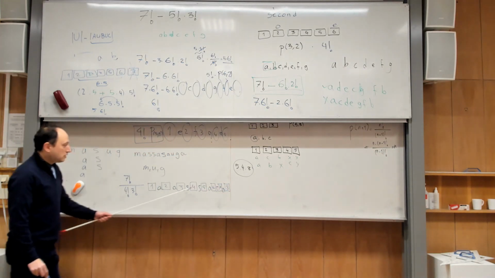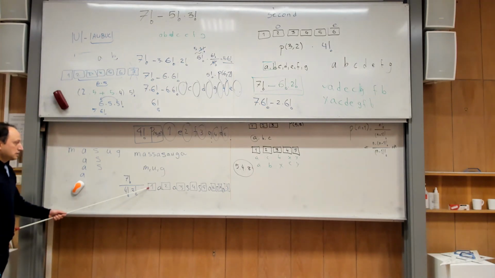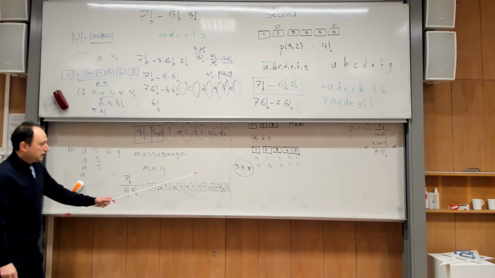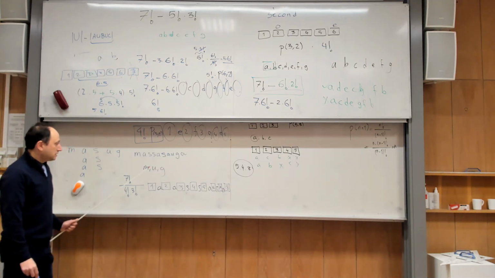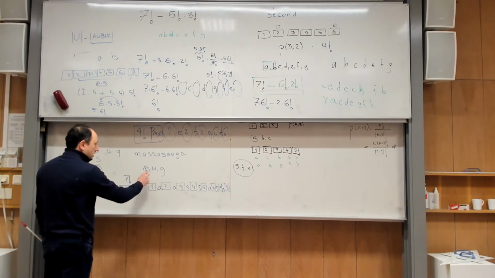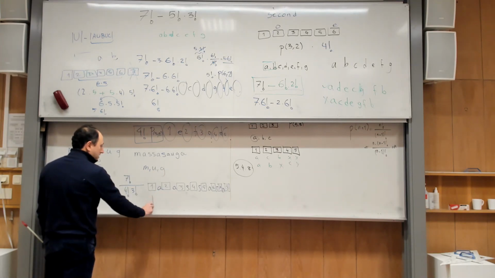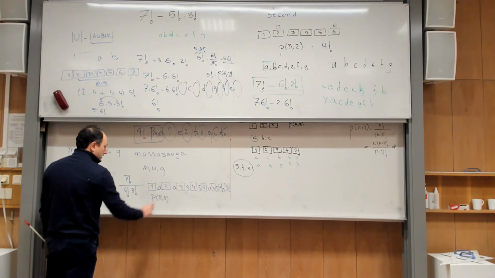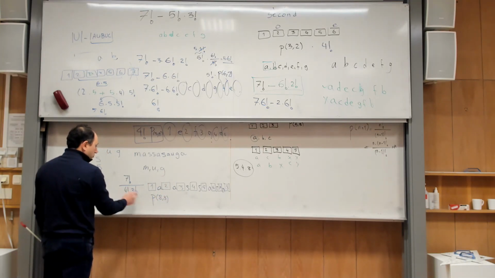There are 8 open locations that are all suitable for these people. Okay? 8 locations, distinct. These 3 letters are also distinct. So in how many ways can I arrange 3 distinct letters in 8 distinct positions? The answer is P(8, 3). And then what should I do between these two?